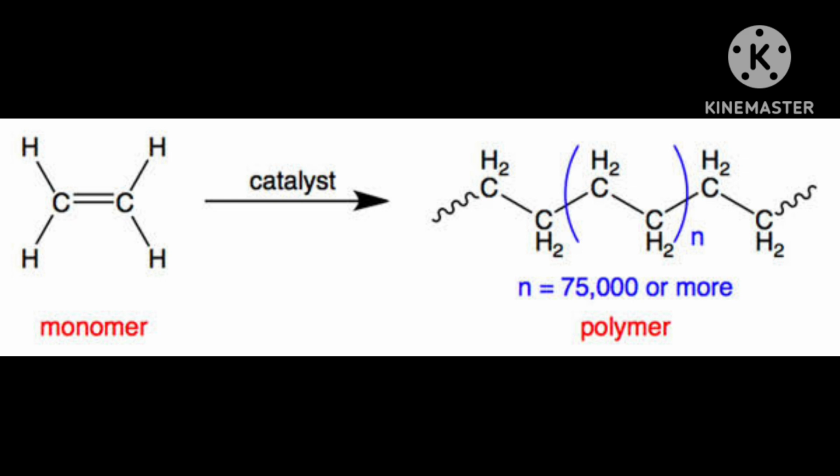Then pentyne, you will write the same way: you write 5 carbons and a triple bond between the first and second carbon, and all the rest you fill by hydrogen, simply. Then here, because the first carbon has the triple bond, you will tell pent-1-yne, because carbon number 1 has the triple bond.